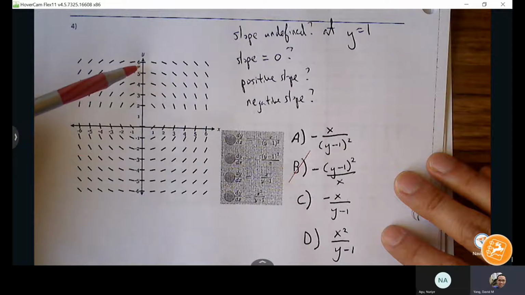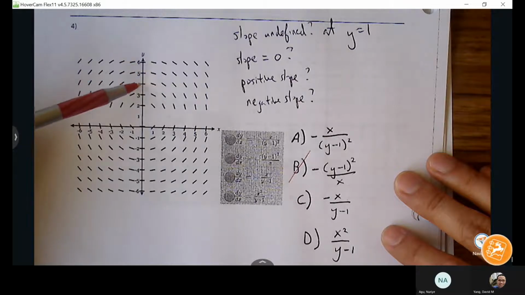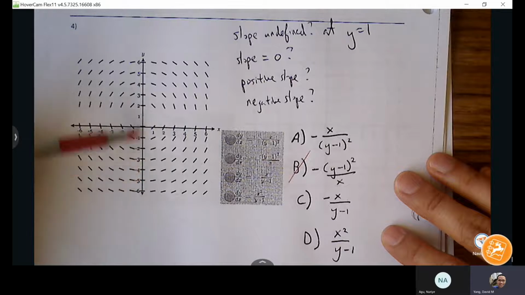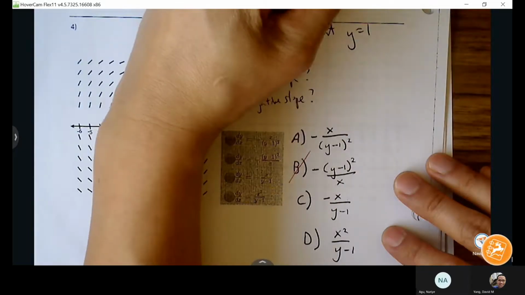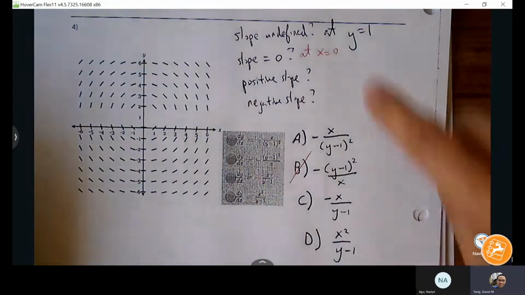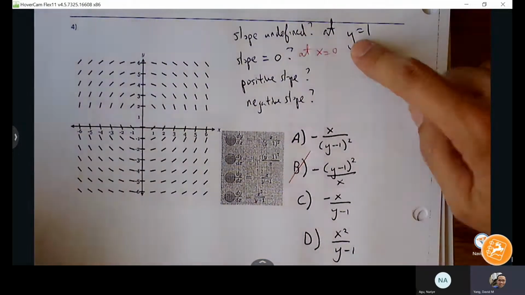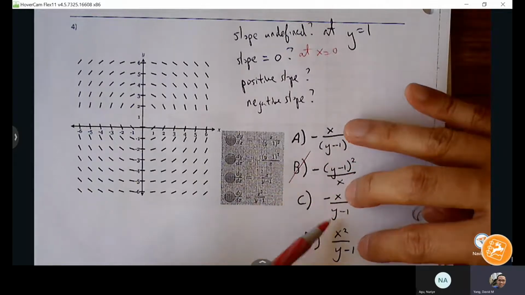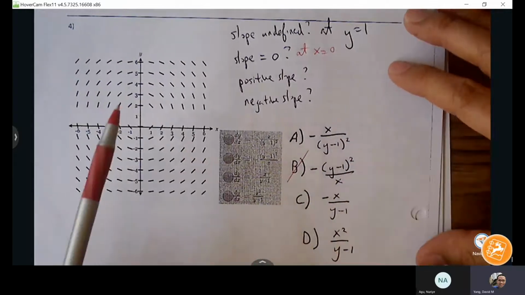Now sometimes it could be the tick marks on the y-axis, but I do believe that these are slope 0. So slope is equal to 0 when x is equal to 0. So when x equals 0, we should be getting dy dx equals 0. So I think those are still in play, right? 0, 0, 0. So I don't think we made any progress there.